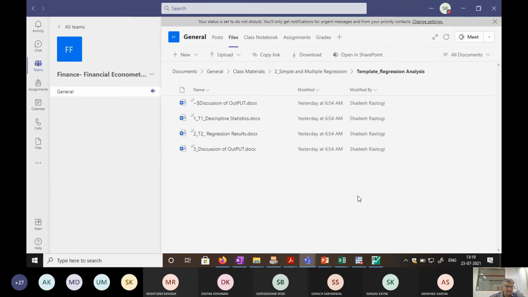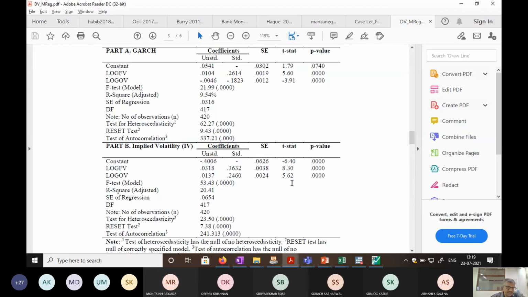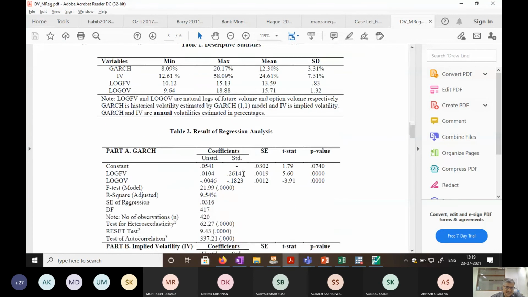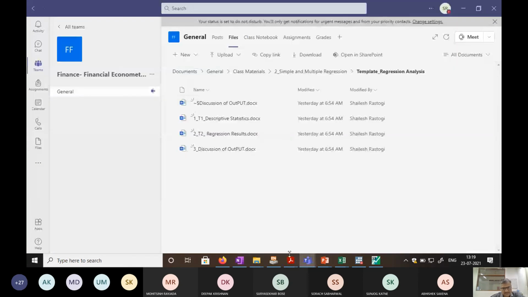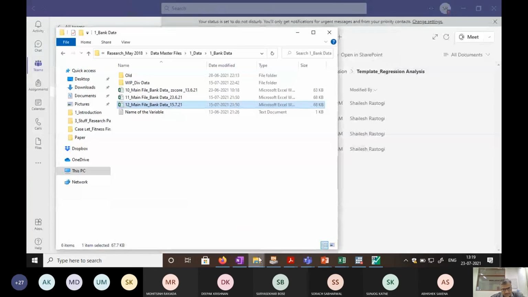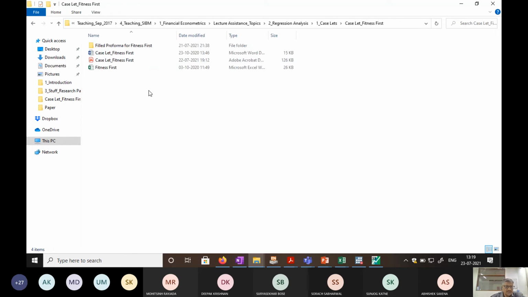These three Word files are templates to report the regression, because we'll be doing regression as I have shown you with the help of this paper. All these reports, the way they are reported, I have intentionally made some pro forma, so that it becomes very easy for you to replicate what we do or report anything if you come across. I'll show you the filled ones so that you feel confident.